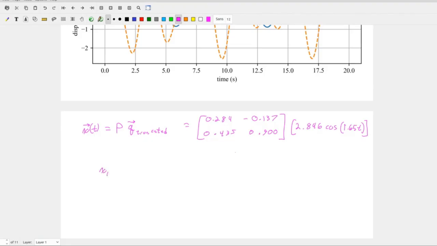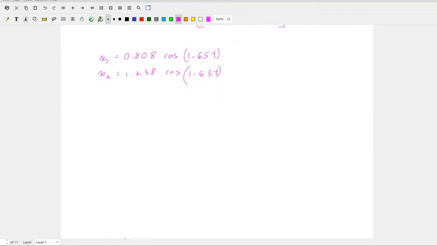So I have x1 is equal to 0.808 cosine of 1.65t, and x2 is equal to 1.238 cosine of 1.65t. So I have a simplified response, but I'm still going to get a response at every degree of freedom. Make sense? And all we did was drop off those terms.